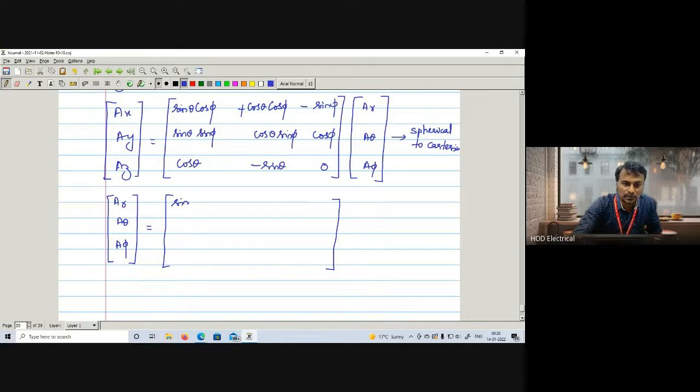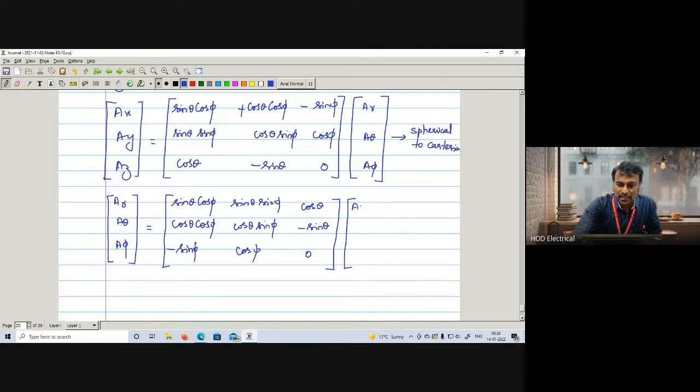So let me write now sin theta cos phi, then cos theta cos phi, and minus sin phi, then sin theta sin phi, then cos theta sin phi, then cos phi, then cos theta, minus sin theta, 0, into AX, AY, AZ.